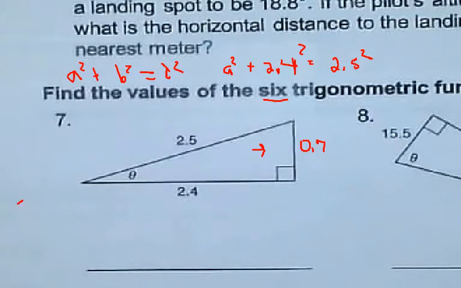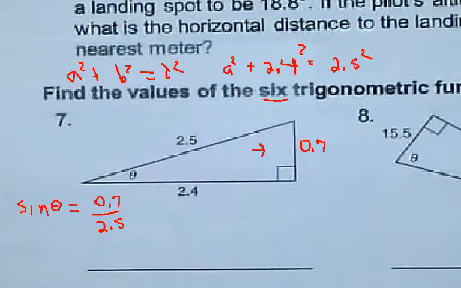So I need to find sine of theta. You have to write the whole thing. That's going to be 0.7 divided by 2.5. Then if I know the sine, I automatically know the cosecant, because the cosecant is the reciprocal of the sine.